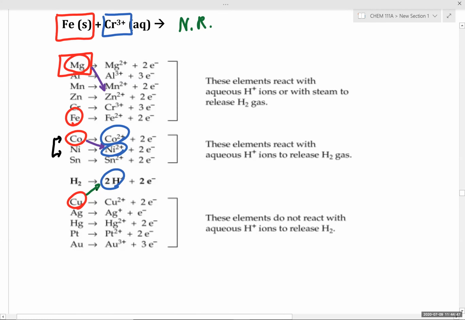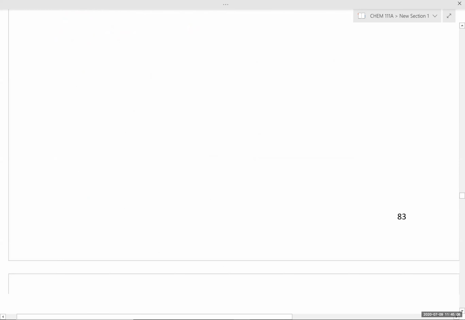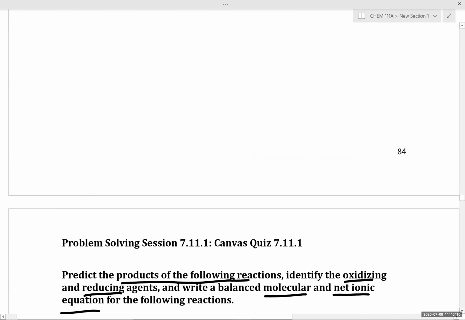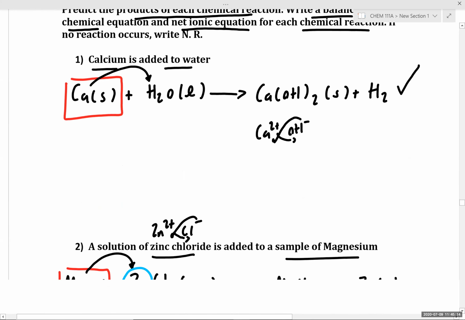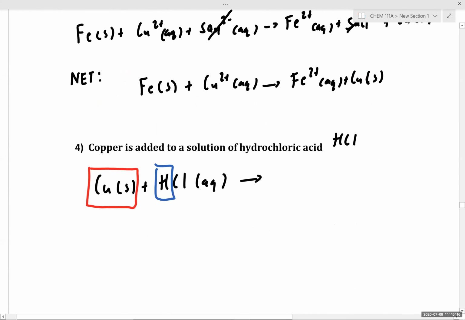Does a reaction occur between copper and an acid such as hydrochloric acid? If our arrow is pointing up, a reaction does not occur. Exactly. Copper is lower on the activity series than hydrogen, and as a result, copper cannot displace hydrogen.